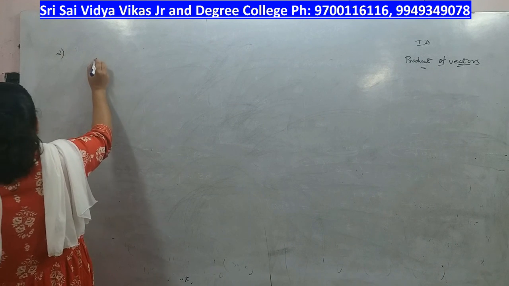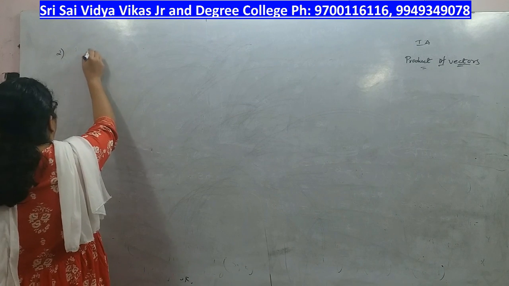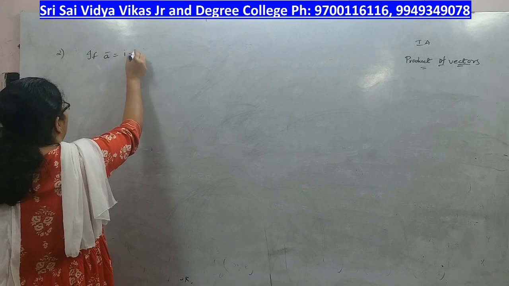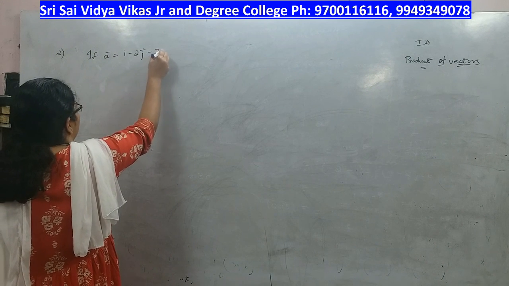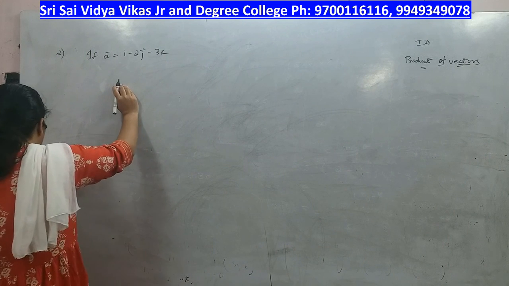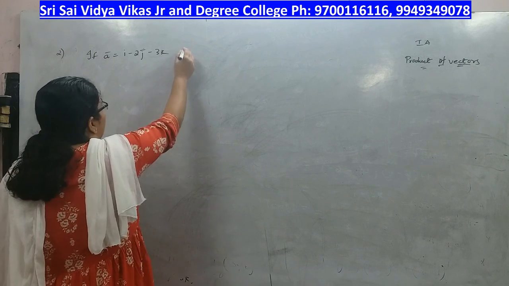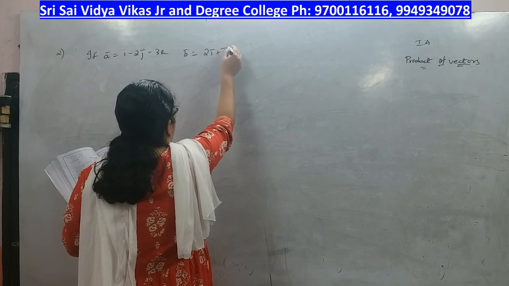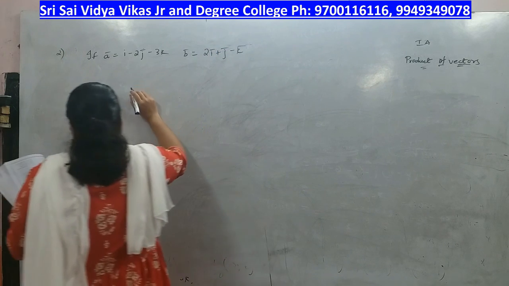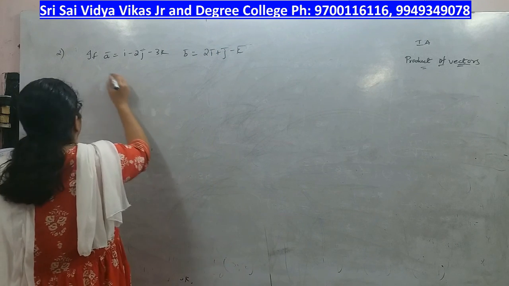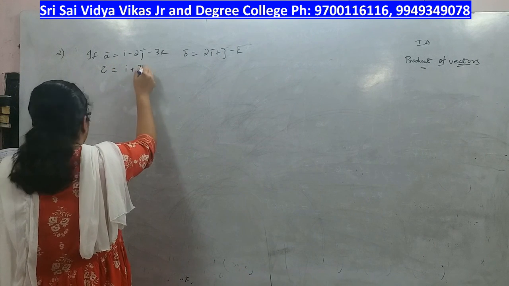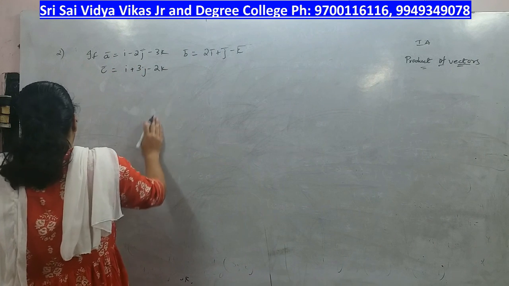Second one, if a bar is equal to i minus 2j minus 3k, b bar is equal to 2i plus j minus k, c bar is equal to i plus 3j minus 2k.